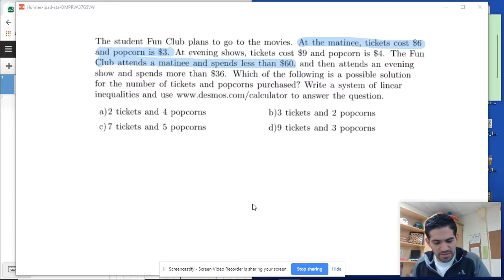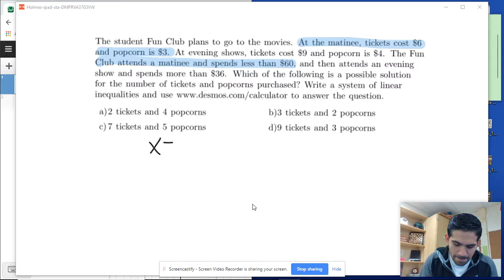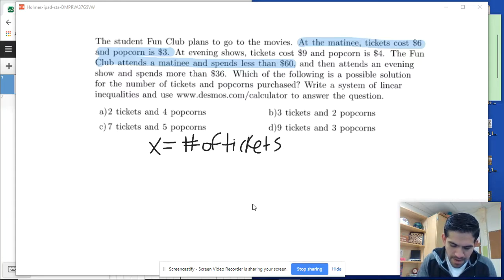Let's label our variables real quick. X is the number of tickets, and Y represents the number of popcorns.